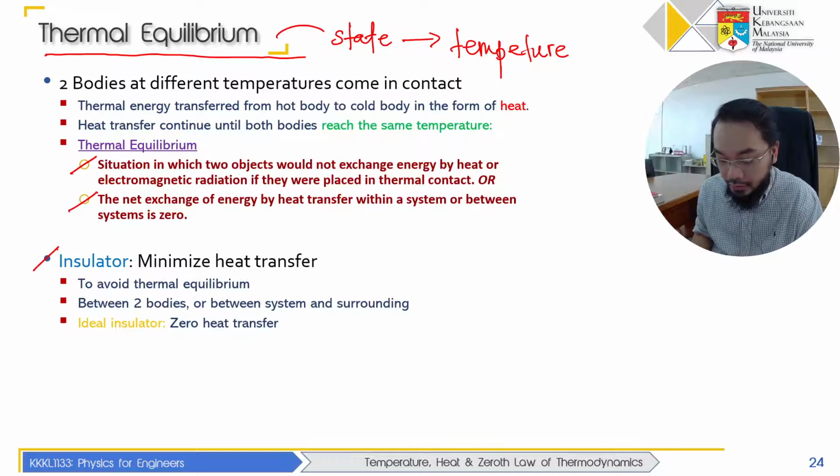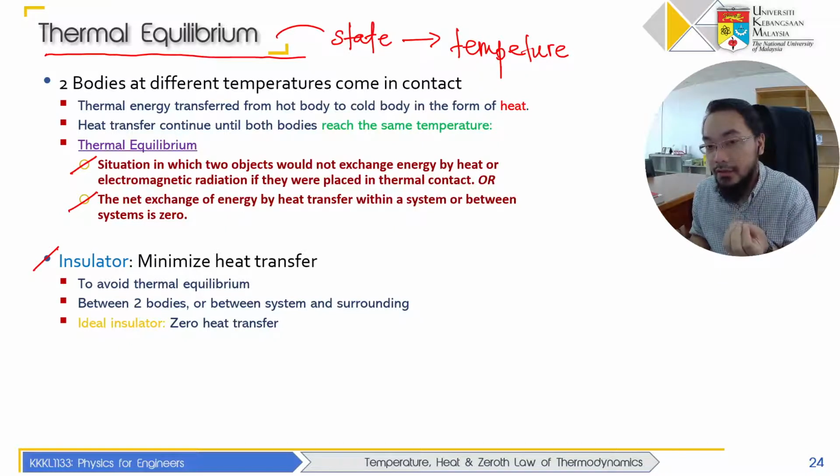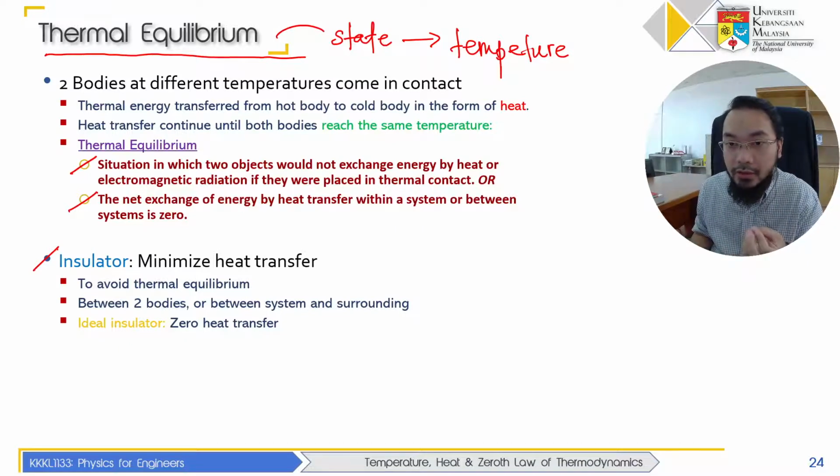The next concept that we need to look into is an insulator. In thermodynamics, when we describe an insulator, we are talking about an ideal insulator. An ideal insulator does not exist, but we can approximate it. An ideal insulator is something that will prevent thermal equilibrium from occurring, or prevent heat transfer between two objects or within two regions of an object.